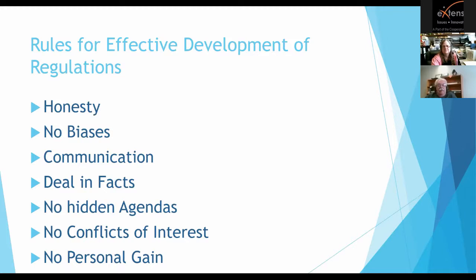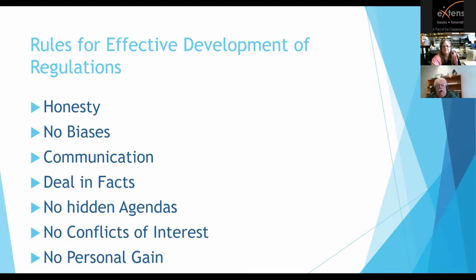I always remember dealing with a town in Tennessee. They really thought they were going to be the next Branson, and they were against any type of developments in their area because they were waiting for the next big thing. So there's hidden agendas behind a lot of things, but we need to make sure we eliminate those.